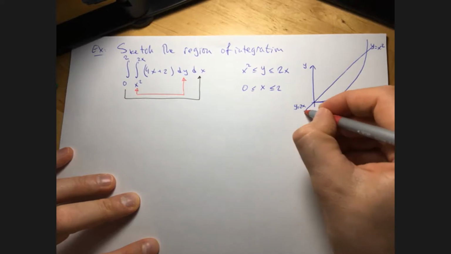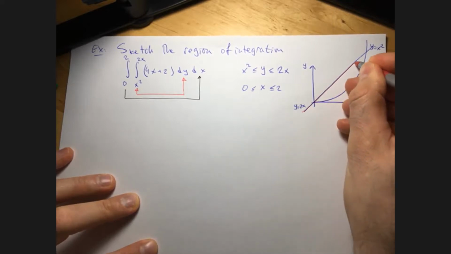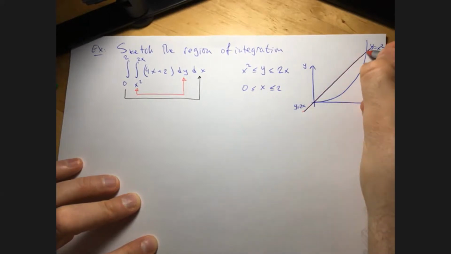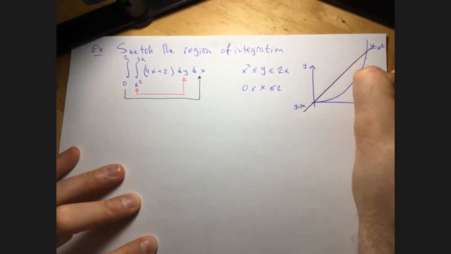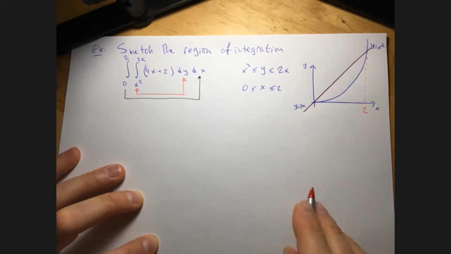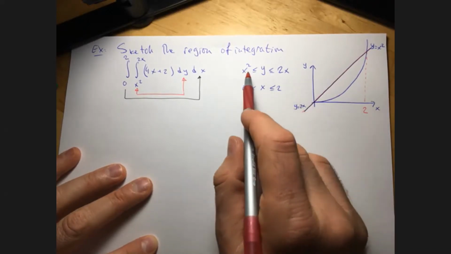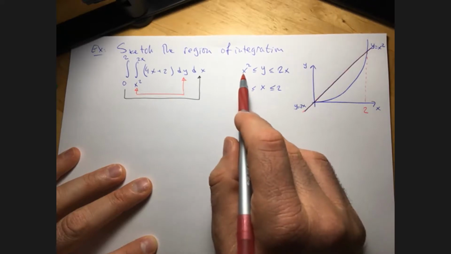Let's say this is 2x. When x is equal to 2, I can see that these two graphs meet right here. So this is the region of integration, right? Y is greater than x squared.